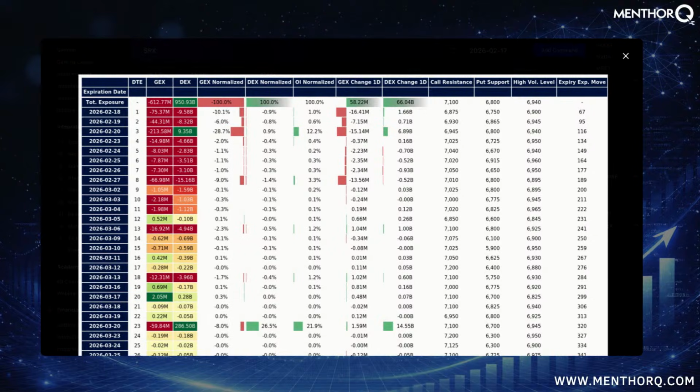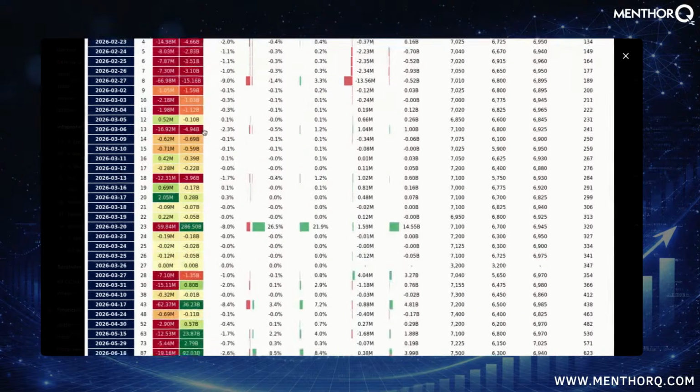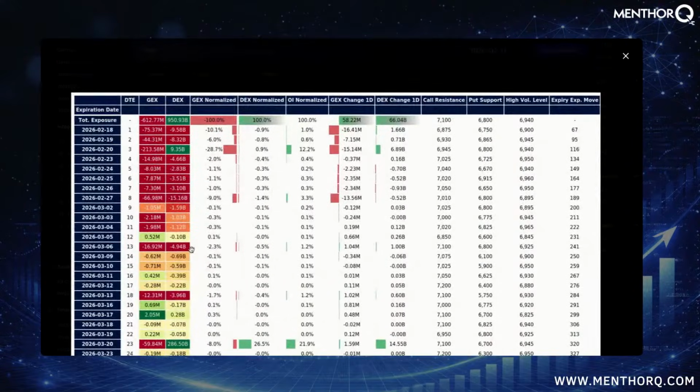Remember, yesterday was the first day after the long weekend in the US, so we wanted to see how positioning would have changed. We still have a big negative gamma across multiple expirations right around the chain.